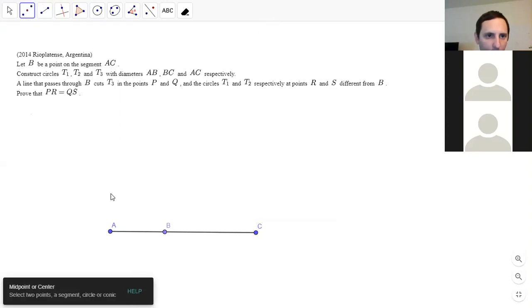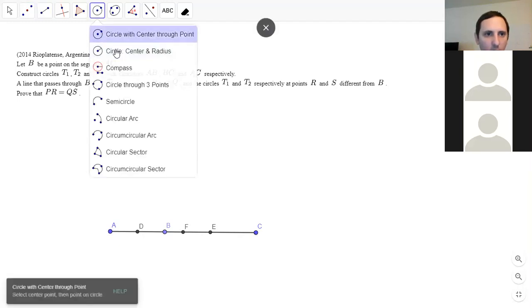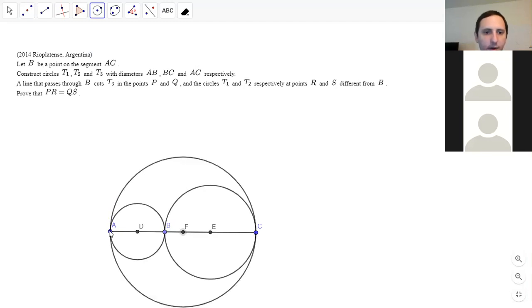Might as well draw the whole circle. So they're mutually tangent.